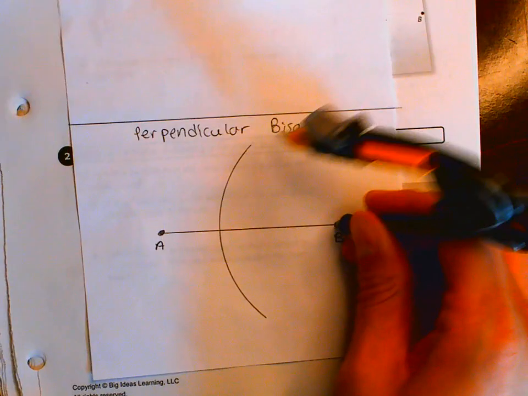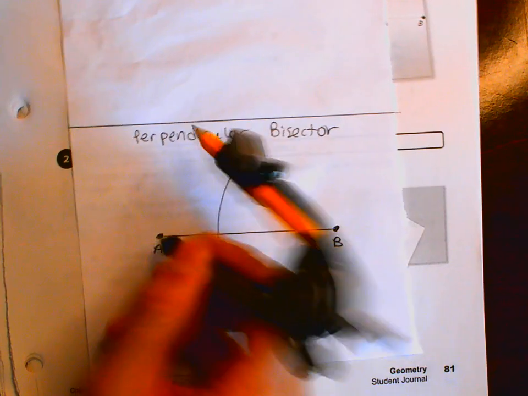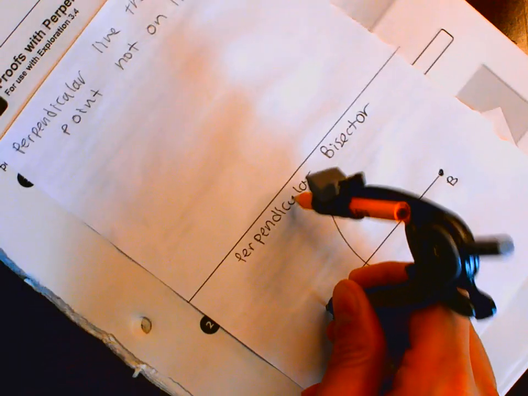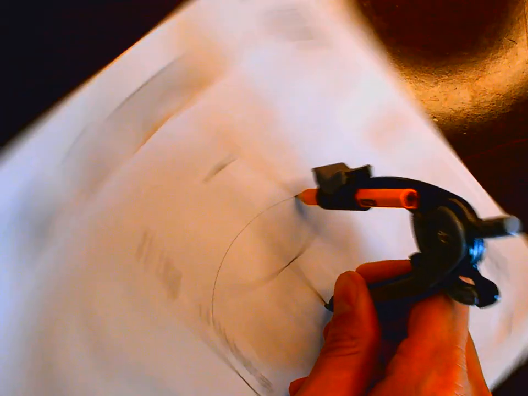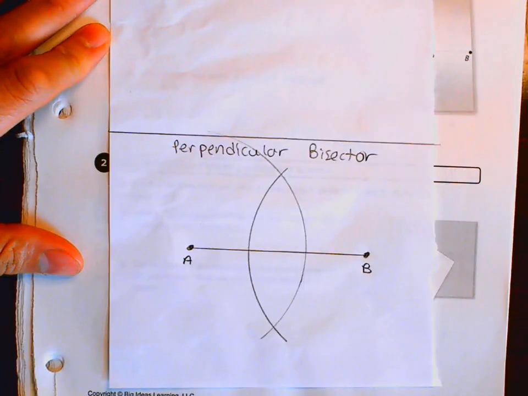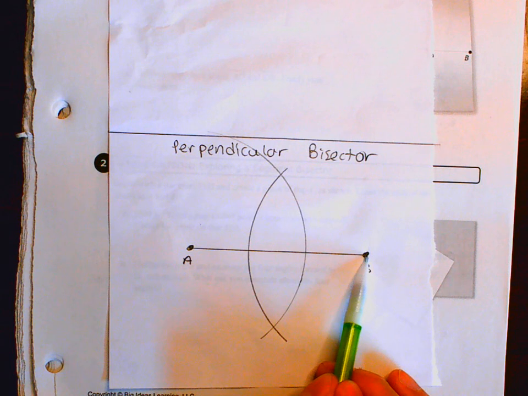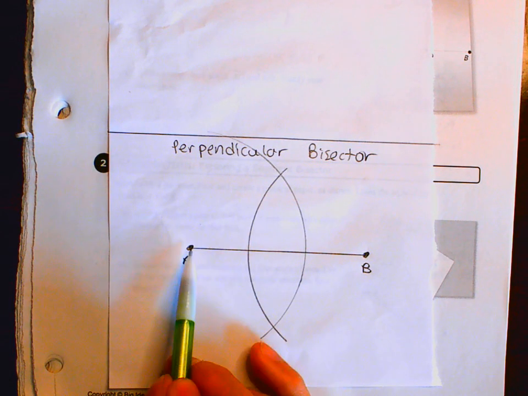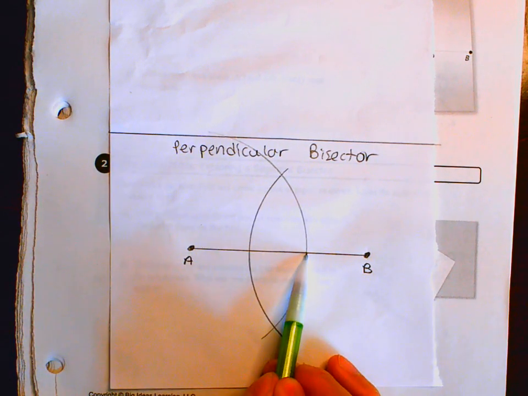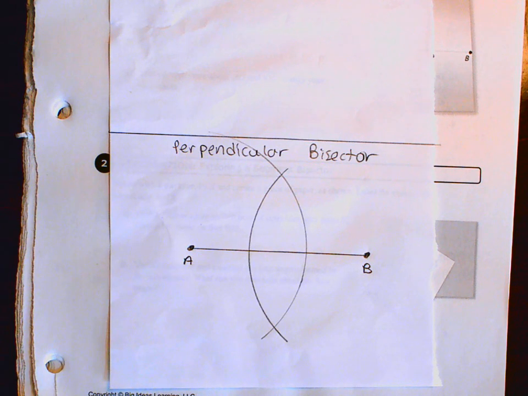Now I did it from B. Now I'm going to do it from A. Yeah, you can turn your paper around. It's okay. Like this. Now you're going to do that until you have two intersections. The distance from B to here is the same distance as from A to here. I kept the same distance, the same radius.